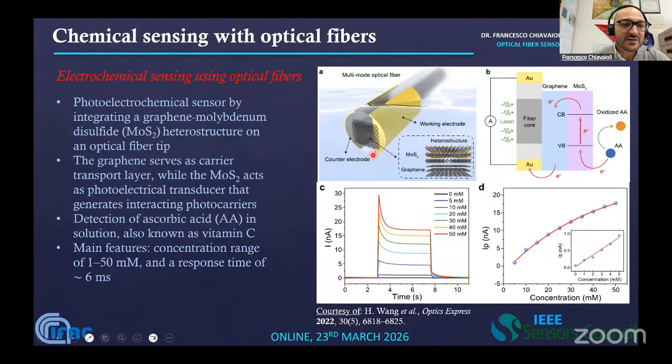In this case, there is a combination of a graphene and molybdenum disulfide heterostructure on the tip of the fiber, and this is used to detect ascorbic acid, which is well known as vitamin C. They demonstrated that this heterostructure can be used as a photoelastic transducer to assess the concentration of this target as a function of the current in these devices.